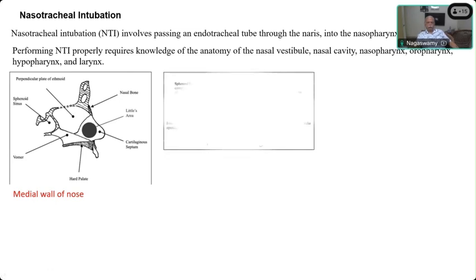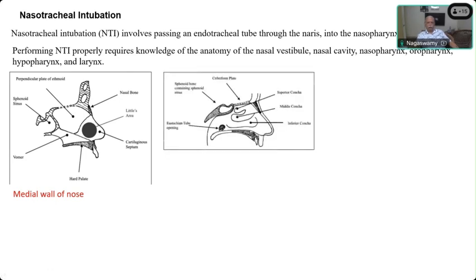And what is this picture? The lateral wall of the nose. Very good. So you have the turbinates, superior, middle and inferior turbinates, and you have the eustachian tube and cribriform plate and sphenoid bone containing sphenoid sinuses.